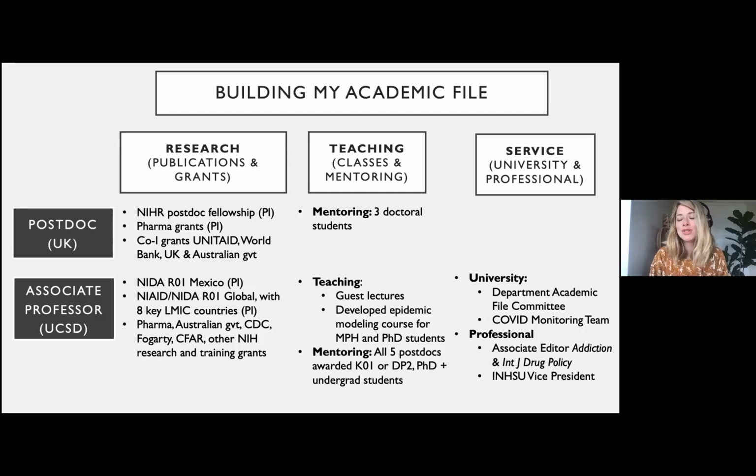So that's been through pharmaceutical grants, small grants, large grants, and small grants from other governments that have funded international research collaborations, like in Australia. Fogarty has given a bit of seed money to help with some international research. The Center for AIDS Research at UCSD, there are many Centers for AIDS Research that fund international collaborations.